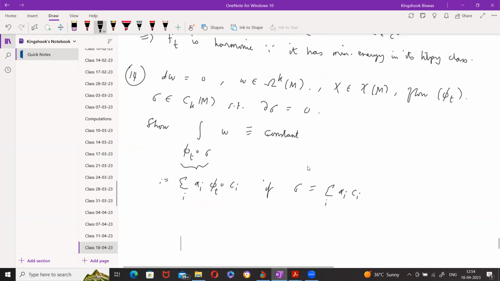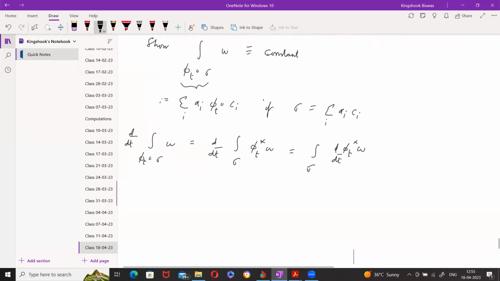So how do you show this is constant? You differentiate this. So d/dt of this integral is the same as the integral of phi t star omega over sigma. By differentiation under the integral sign, this is the integral over sigma of d/dt of phi t star omega.